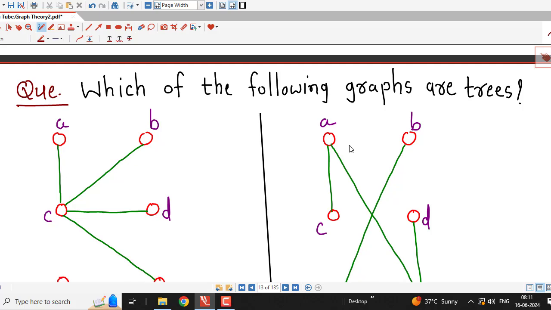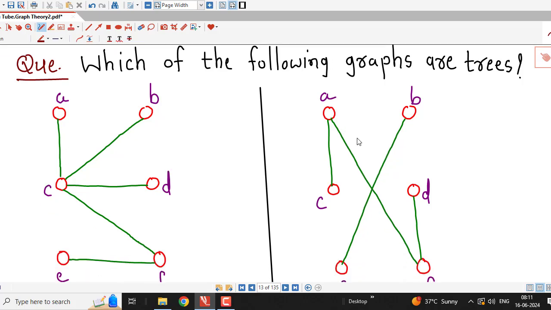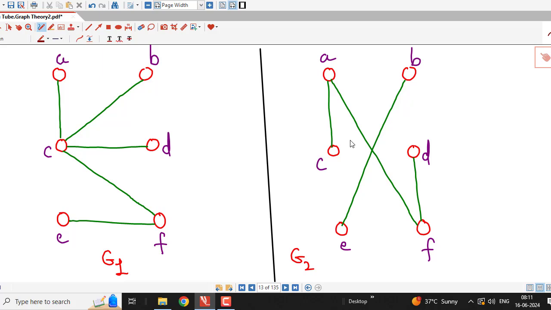So here I have taken 4 graphs and we will check whether they are trees or not. First we check for this graph G1. First I have to check whether it is connected or not. So I have to check for all possible pairs.